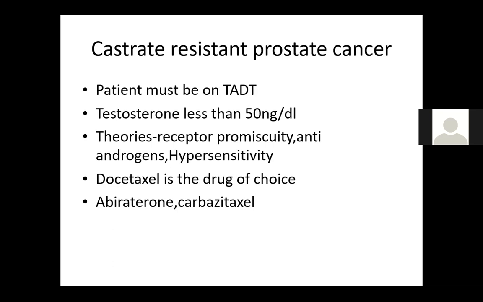The case is actually that when you have patients with metastatic disease, and even if you do the total androgen deprivation therapy, these patients will live for ranging from 1 year to 36 months. And after that, the patient actually starts getting problems again.